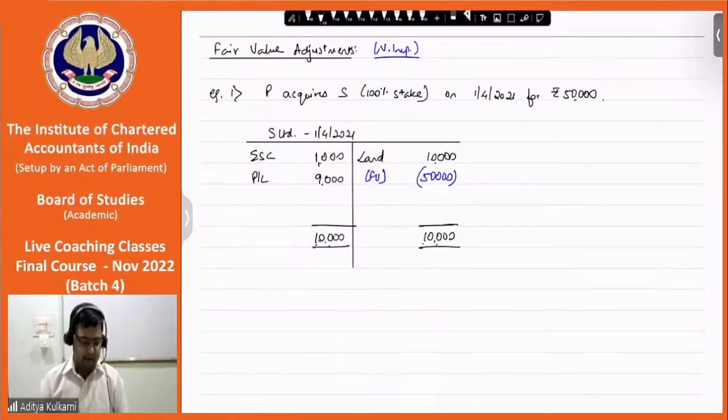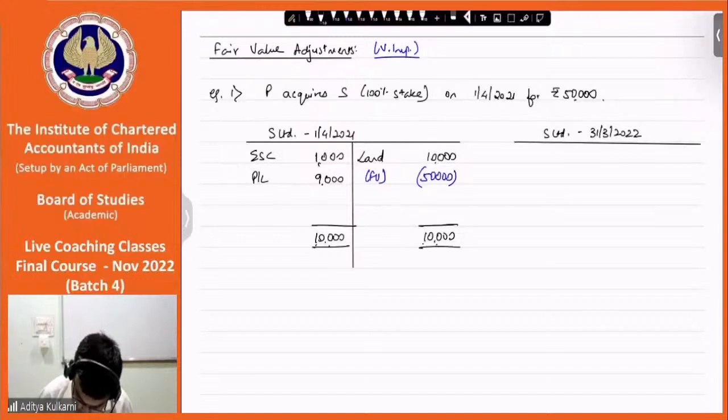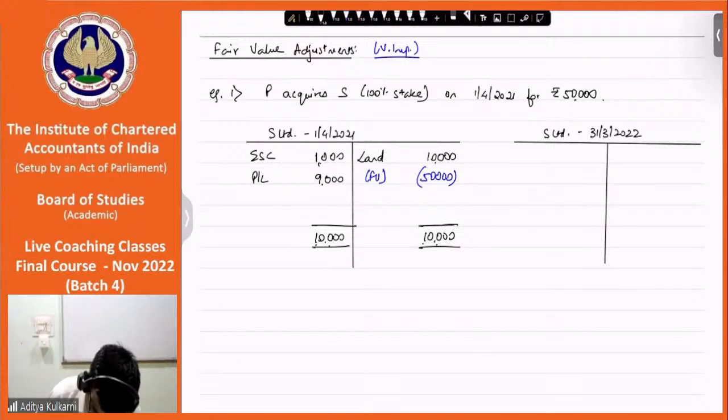And then you are also given S Limited's balance sheet at 31st March 2022. It did some operations. So equity share capital remains at 1,000.